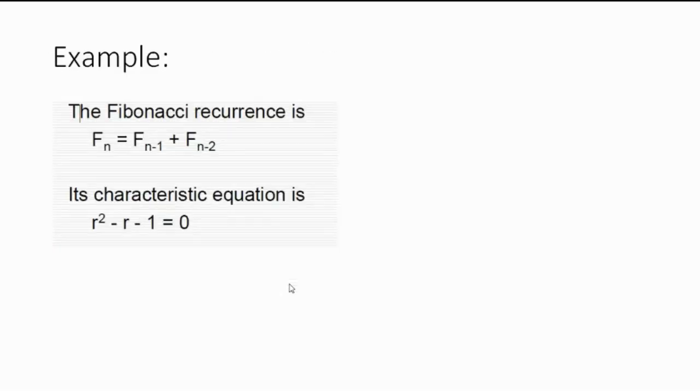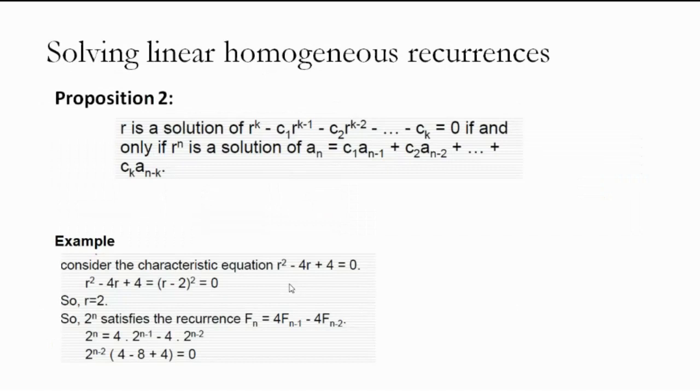So its characteristic equation, that is Fibonacci series characteristic equation, is r square minus r minus 1 is equal to 0. Solving linear homogeneous recurrences, r is a solution of r power k minus c1 r power k minus 1 and so on. This is the characteristic equation if and only if r power n is the solution of an is equal to c1 an minus 1 plus and so on.